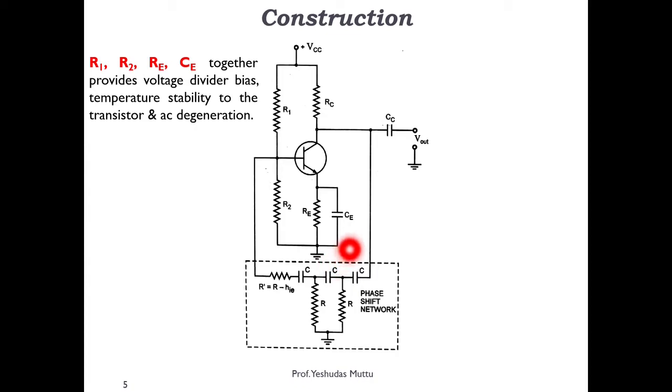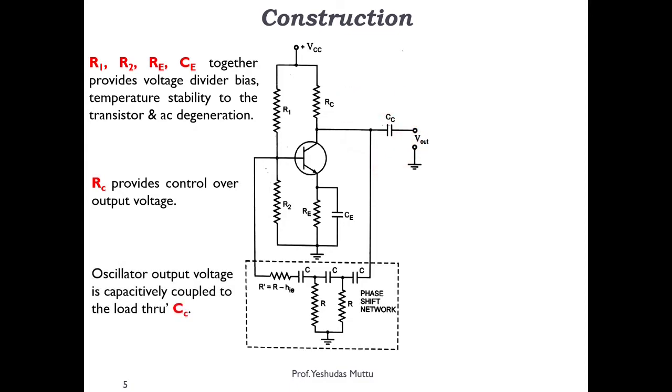What is AC degeneration? This capacitor CE acts like a bypass capacitor, so it will bypass the AC directly to the ground. That's AC degeneration. Then you have RC, which provides control over the output voltage. This output voltage is fed into the load via CC, that is your coupling capacitor.